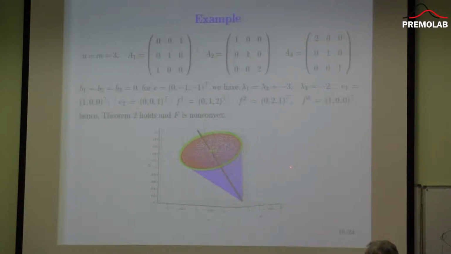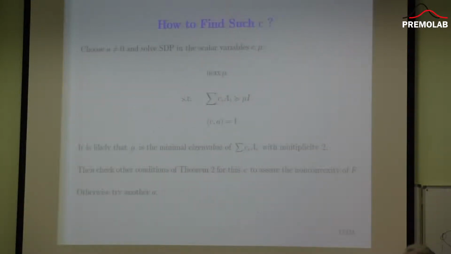Then we guarantee that the intersection of our supporting function with our image is an ellipse, and it's exactly the case here. So it's such an ice cream cone with a non-convex head on it. So it's a non-convex set. Okay.